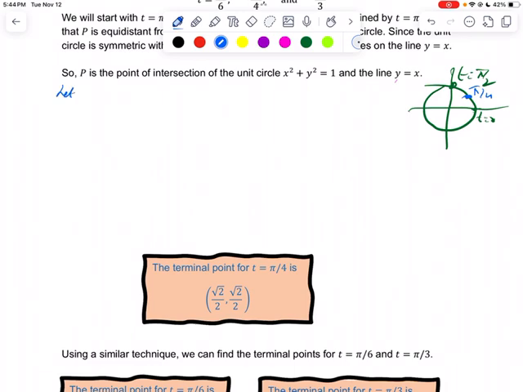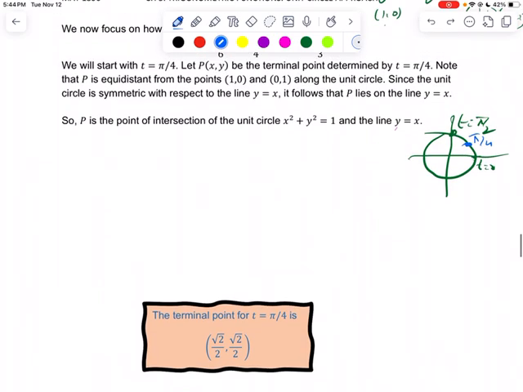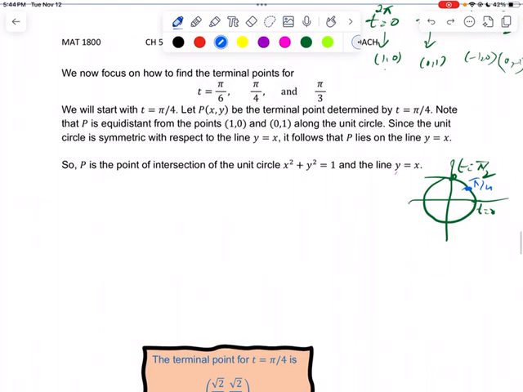Note that P is equidistant from the points (1, 0) and (0, 1) along the unit circle. It's the same thing I just said, that the point x, y divides the length from 0 to pi over 2 into half. So this is x, y.